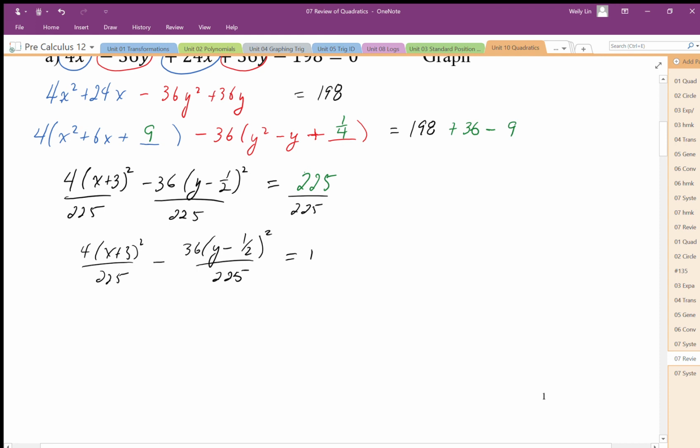So then we have our completed square form. Now we can figure out what we're doing here with our center. We need our a and b values.